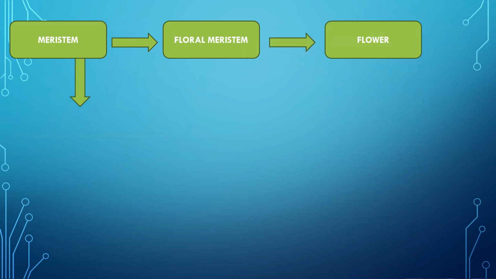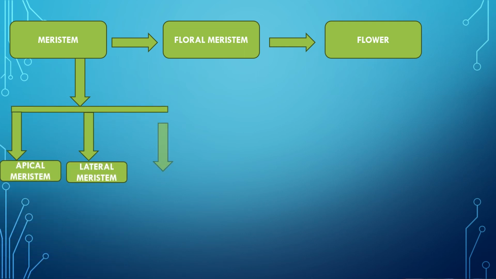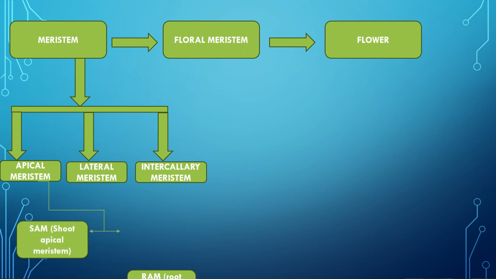Now let us see what the meristem consists of. We are all aware that meristem tissue consists of 3 types of meristem: apical meristem, lateral meristem, and intercalary meristem. The apical meristem again gives rise to 2 types of meristems, SAM and RAM.